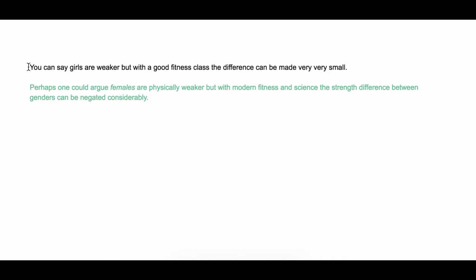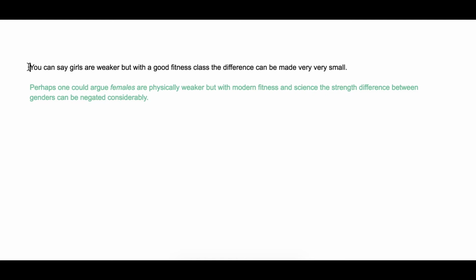So once again, you can see immediately vocabulary like good that we learnt in the first year of our English language journey can be substituted. What did I substitute it with? Modern fitness and science. That sounds much better than a good fitness class.